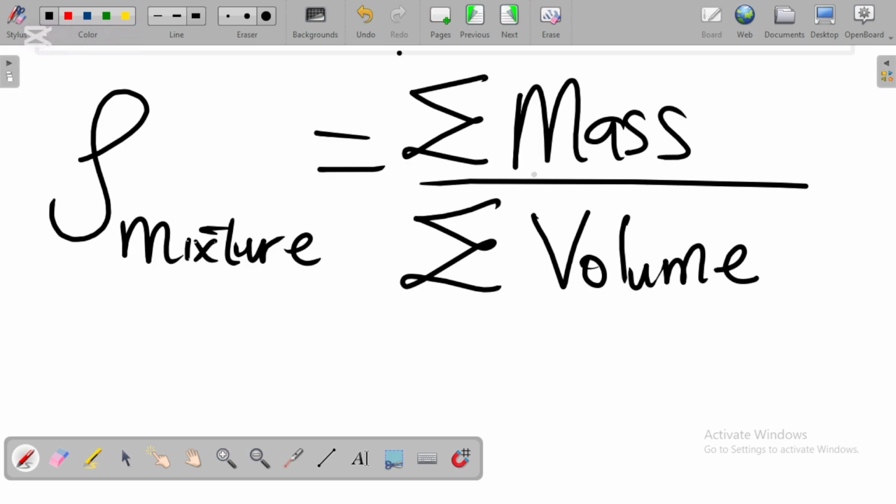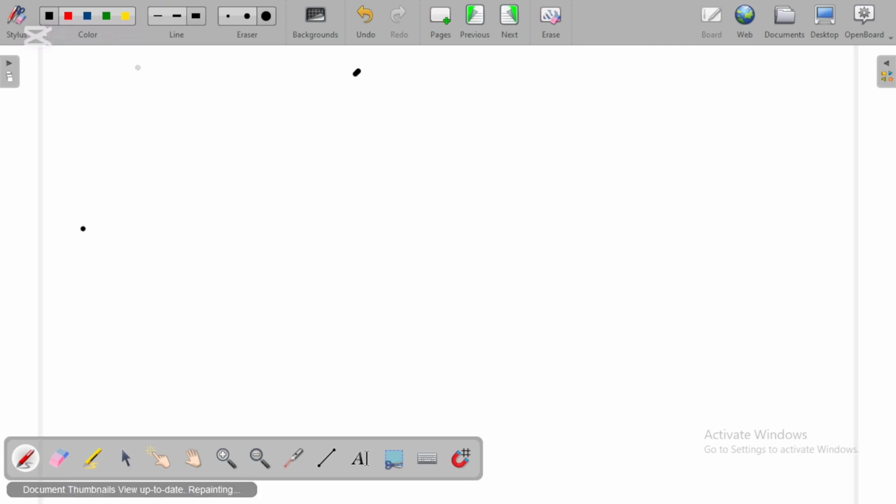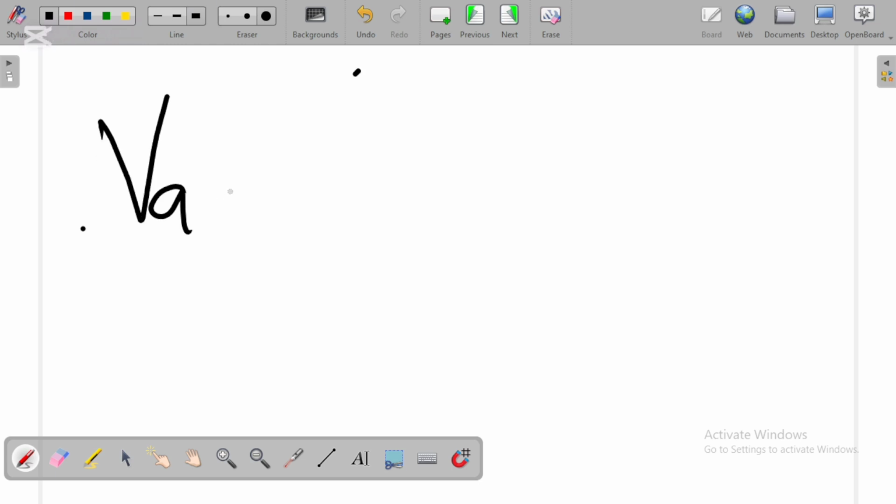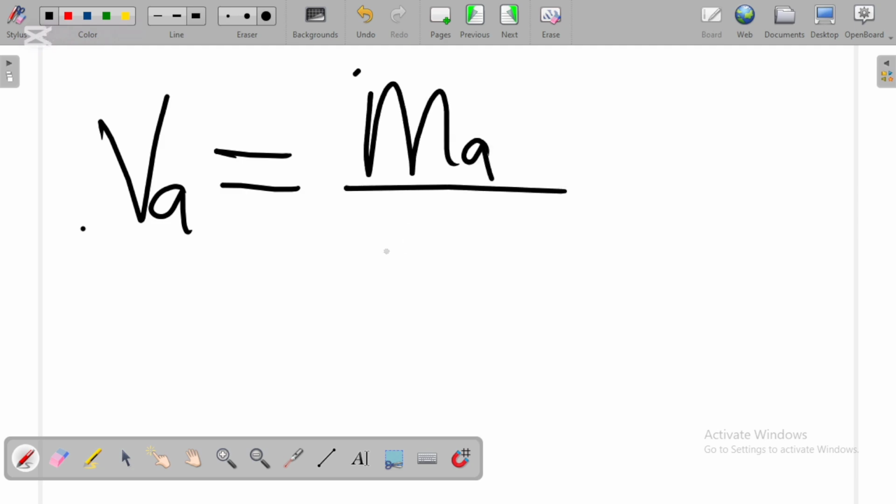So we are going to find the mass of water and the mass of alcohol, and also the volume of water and the volume of alcohol. All right, so at this point, let's now find the volume of alcohol. V subscript A, which is the volume of alcohol, is equal to what? It is equal to mass of alcohol all over density of alcohol.